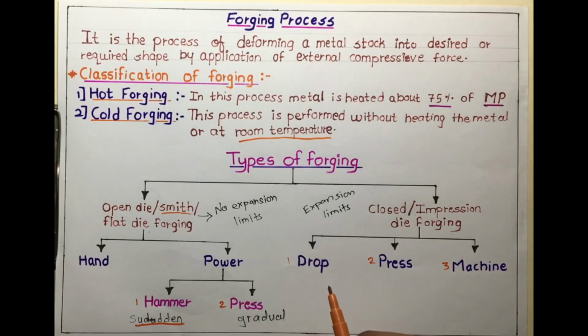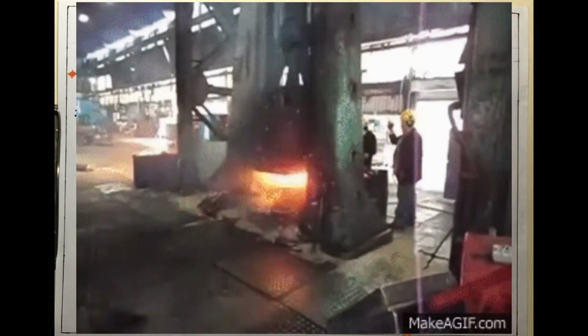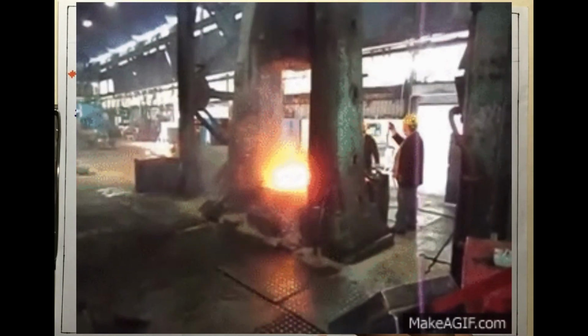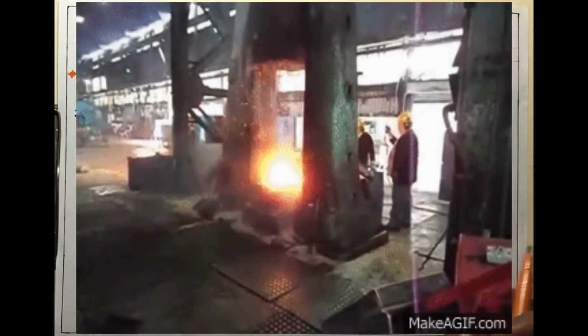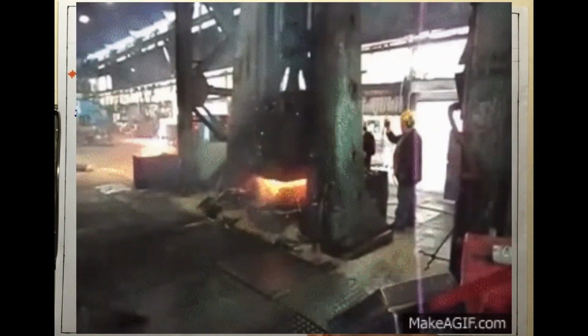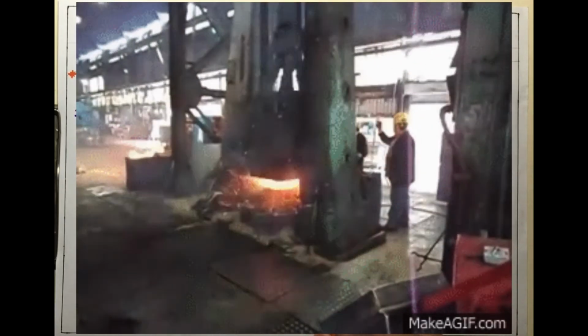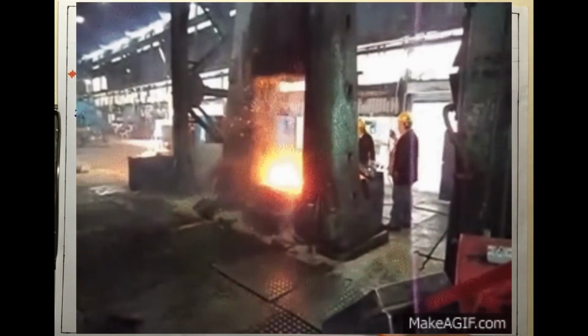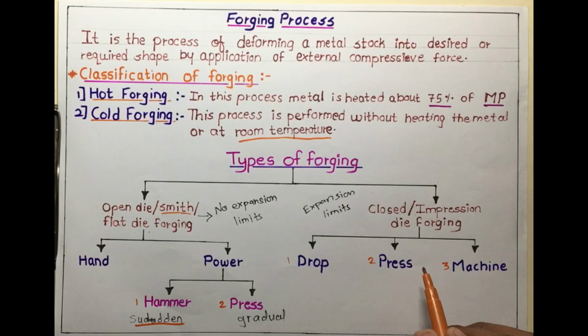In the drop forging, large weight hammers are dropped on the workpiece, and this operation is performed with the gravitational pull. Then we will see the second type, that is press forging.